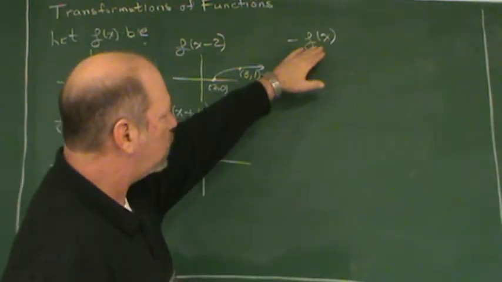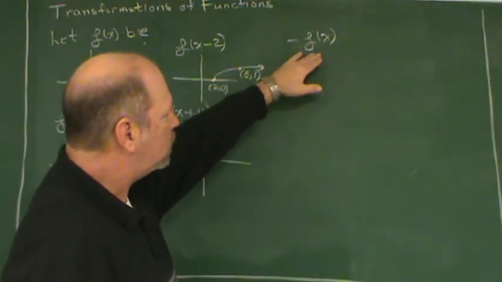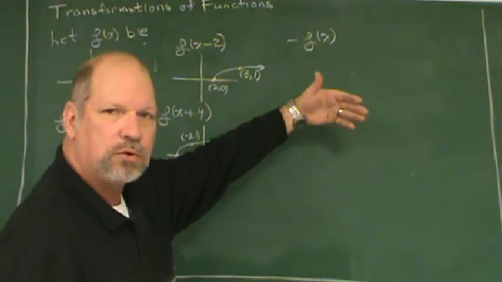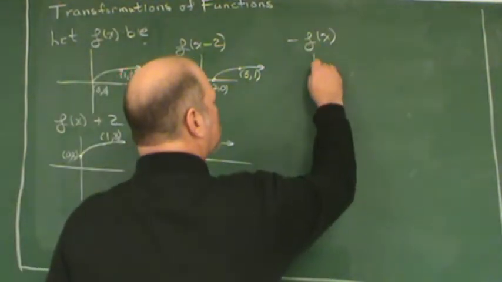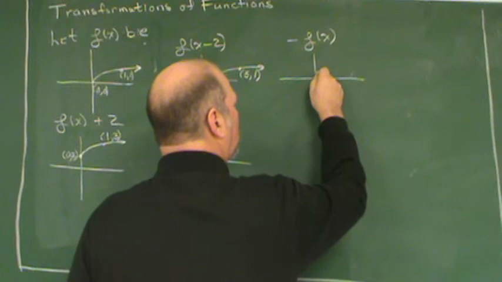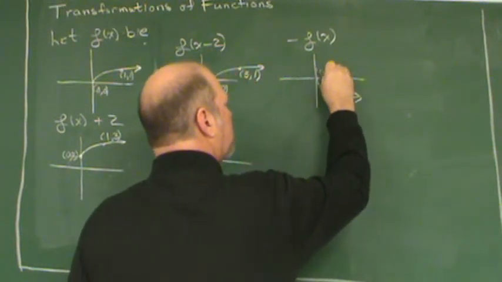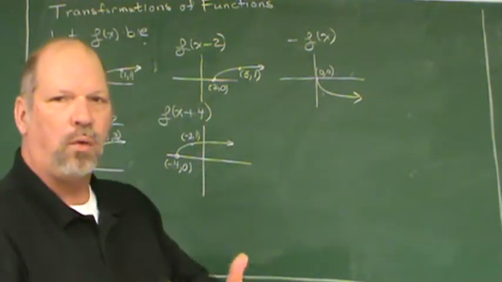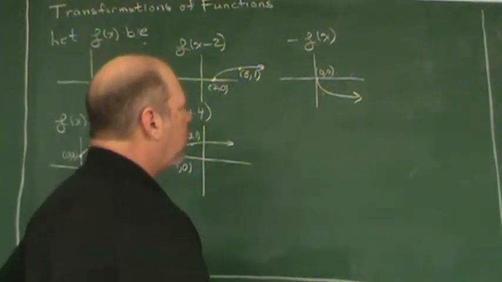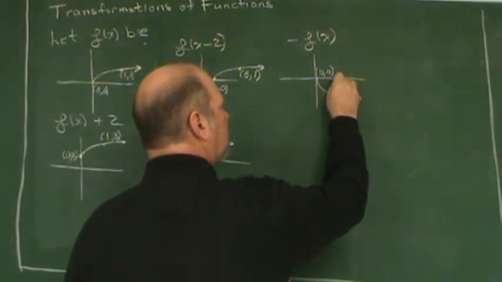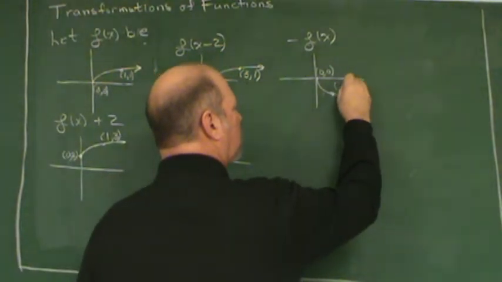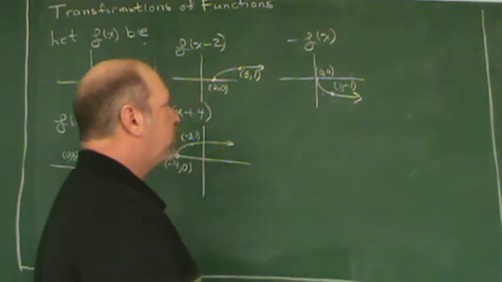And if you think of it, you're effectively multiplying all the y values by negative 1. So what you're going to see is a reflection across the x-axis. This is still the point 0, 0, but you're multiplying all the y values by negative 1. So this point that was at 1, 1 now becomes 1, negative 1.